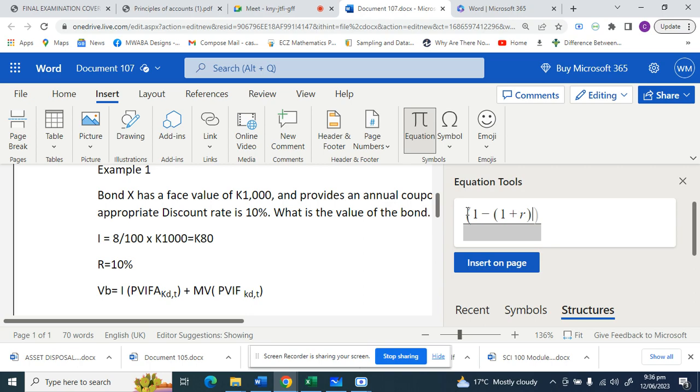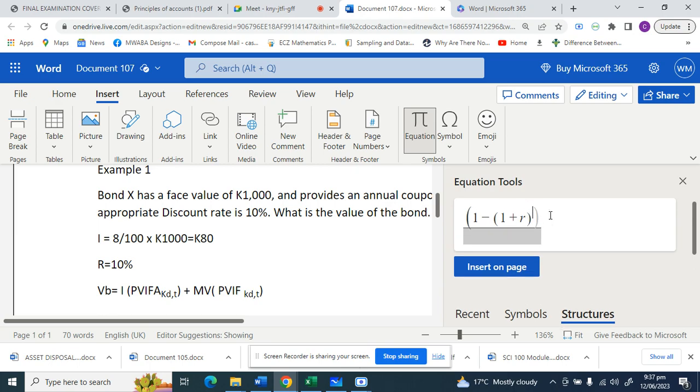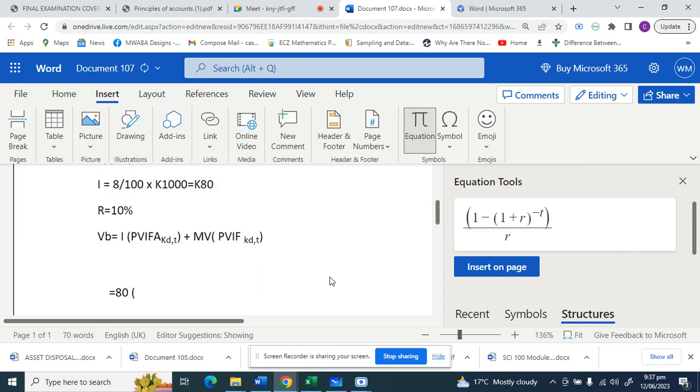You go to the annuity tables, you find this formula: 1 minus (1 plus R) power negative T, over R. Are we okay with that, colleagues?